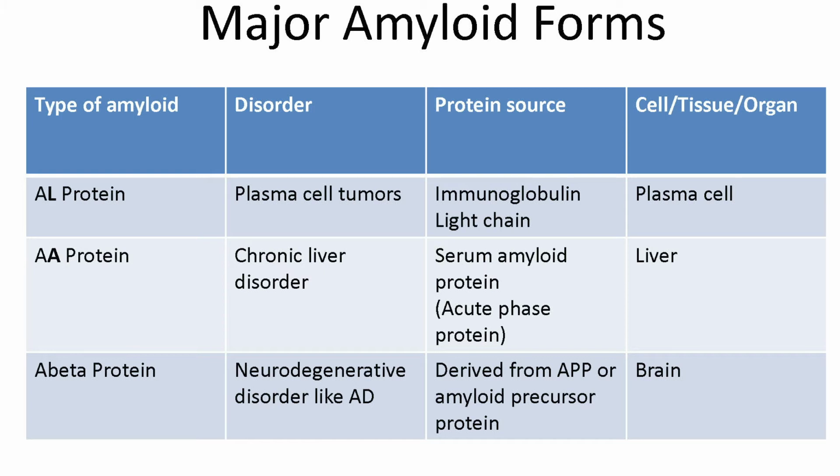The A beta protein is normally seen in Alzheimer's disease. Alzheimer's disease is a progressive neurodegenerative disorder, and in Alzheimer's disease predominantly the amyloid plaques are seen, deposited in certain regions of the brain, specifically in the cerebral cortex and the hippocampus.